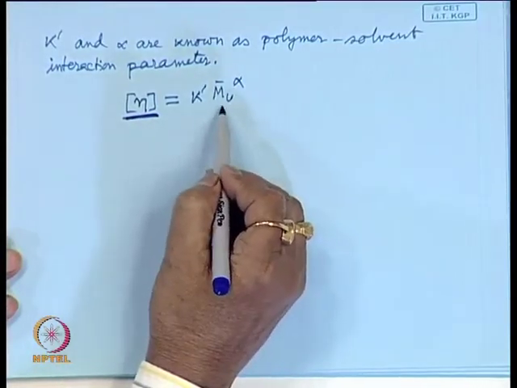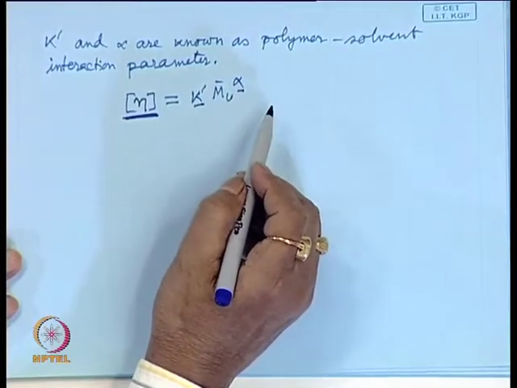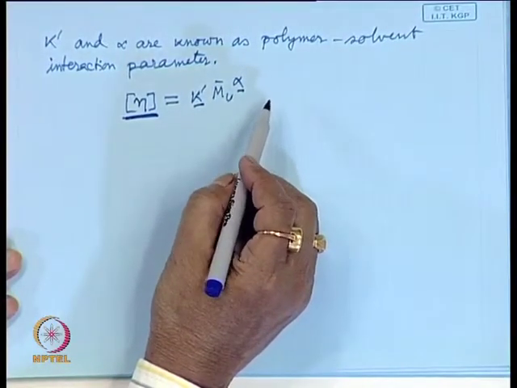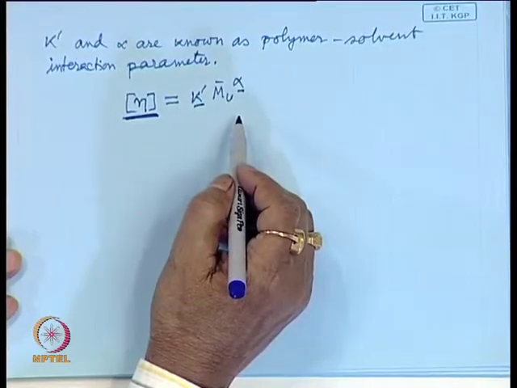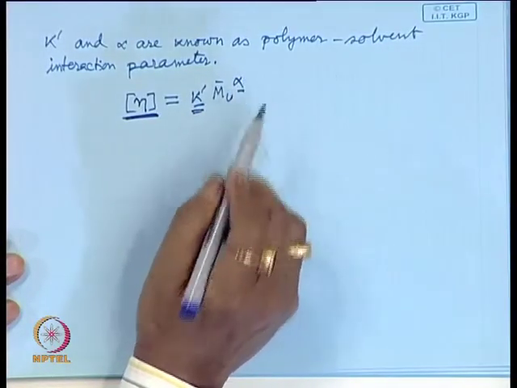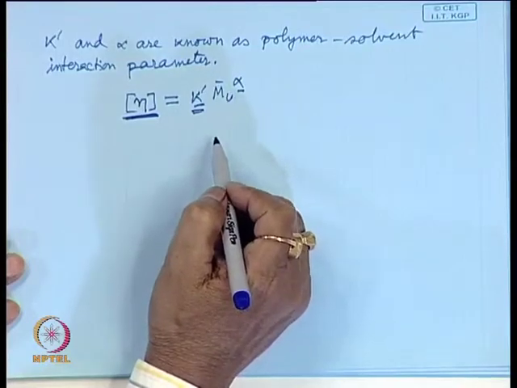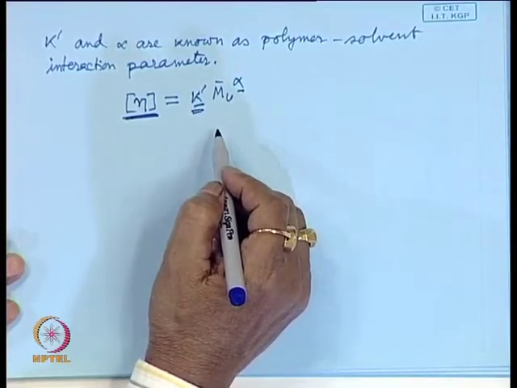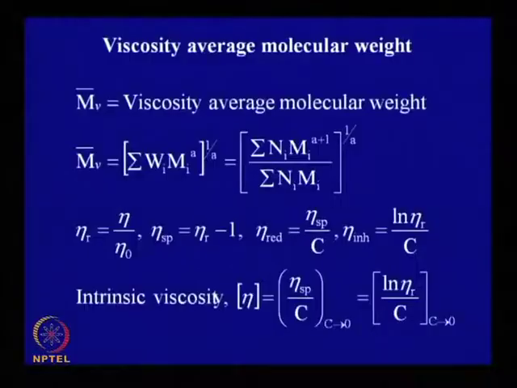These are available from a data book at a particular temperature, because the viscosity is measured at a constant temperature by immersing the viscometer in a thermostatic bath. At that temperature you have to find the values of K prime and alpha, then only you can get eta r. From eta r you can get eta specific, eta reduced, eta inherent.